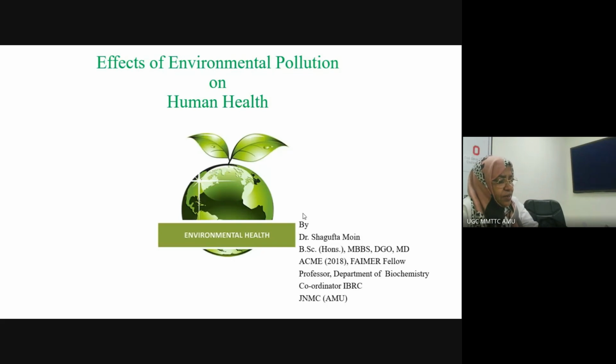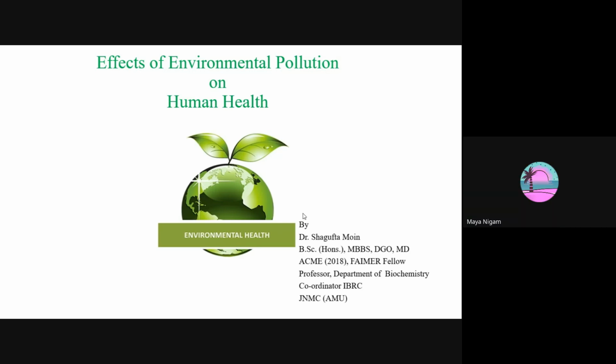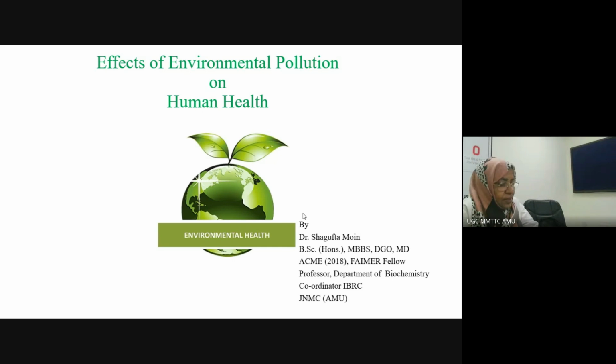And beside this, microplastic can be contaminated with toxic chemical additives during the manufacturing process. And these toxic chemicals enter the human body and affect various organs and systems of the body.